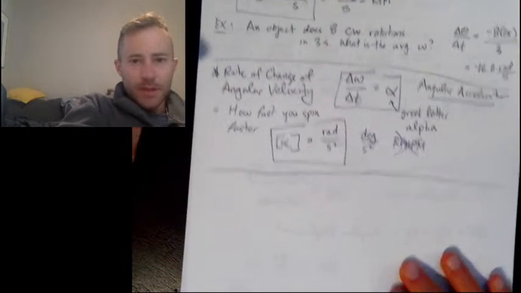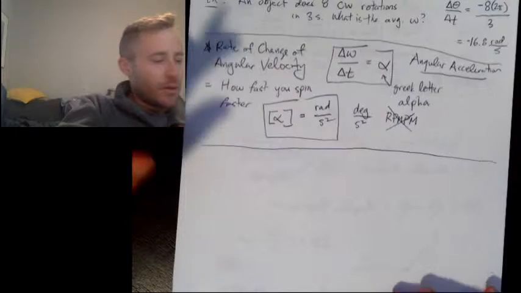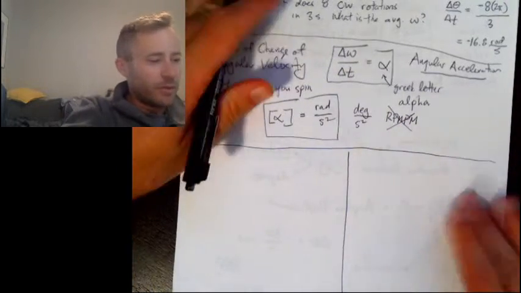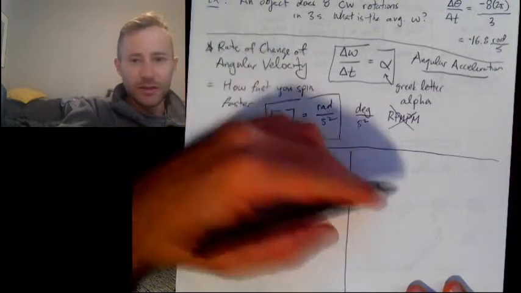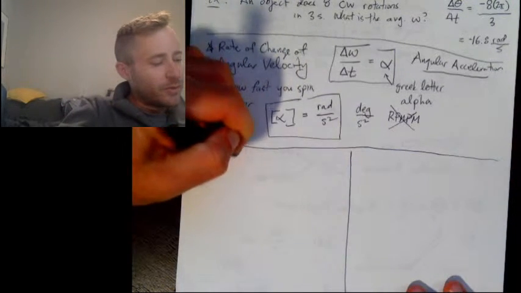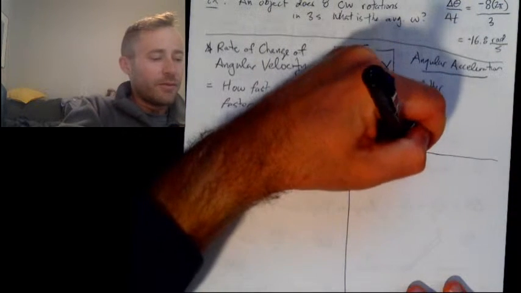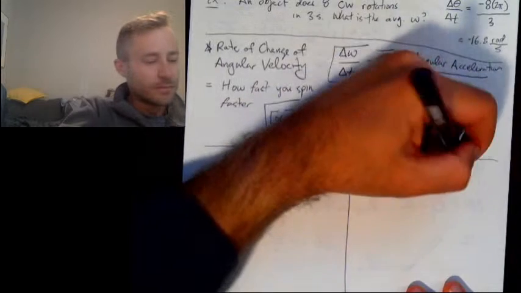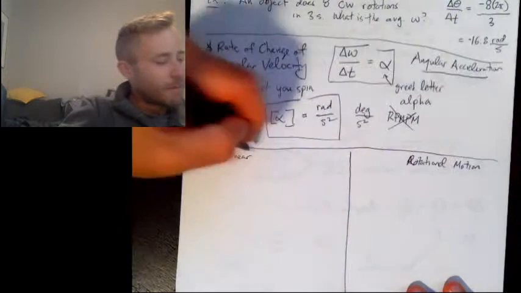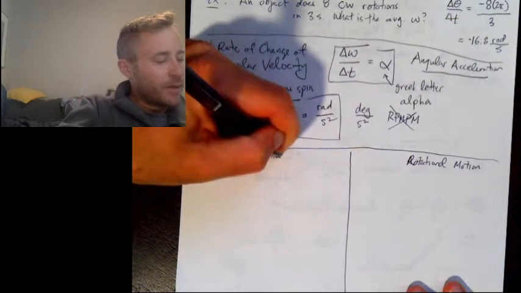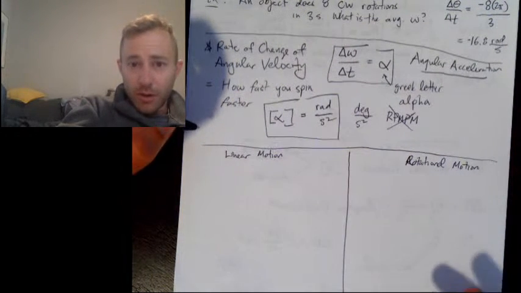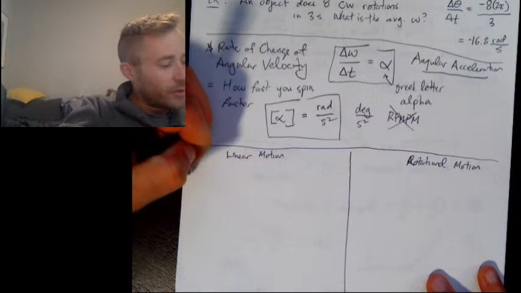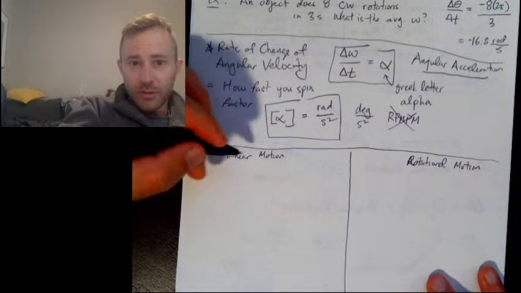So you might recall that, the rest of the piece of paper, I'm going to divide it in two. And I have linear motion and I have rotational motion. Okay, you might recall that we discussed the equations of kinematics.